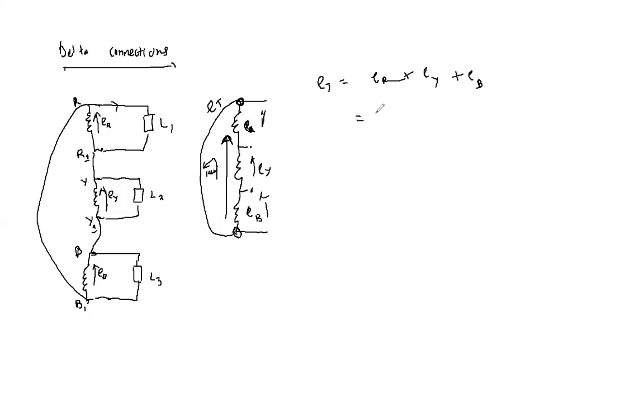Now, if you do that, we wrote these expressions, and we saw that we had EM sine theta plus EM sine (theta minus 120) plus EM sine (theta minus 240).